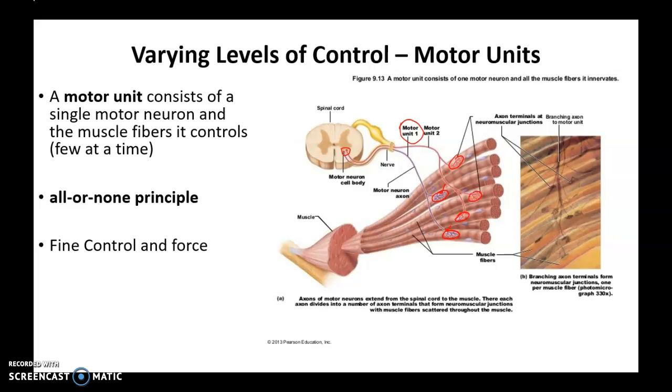The first one we looked at has one motor neuron controlling two muscle fibers, and that forms motor unit number 1. The second motor neuron controls 3 muscle fibers, these 3, and that motor neuron and the 3 muscle fibers it controls together form the second motor unit.